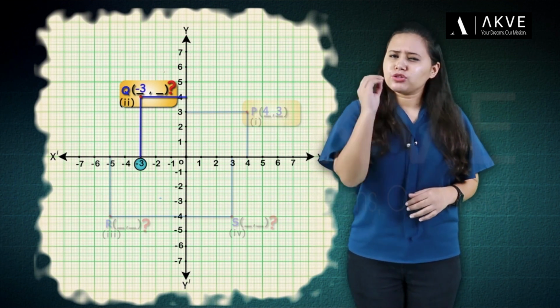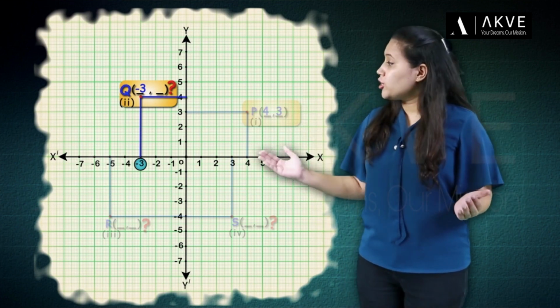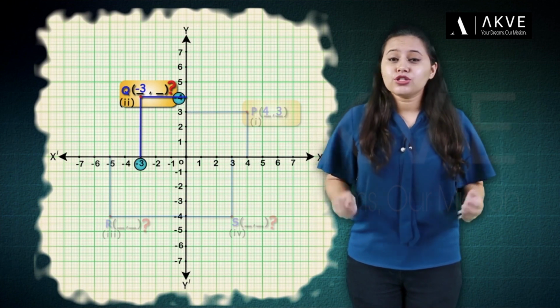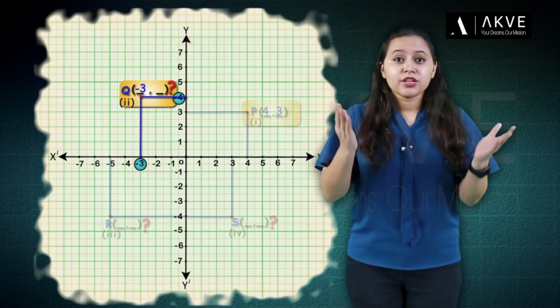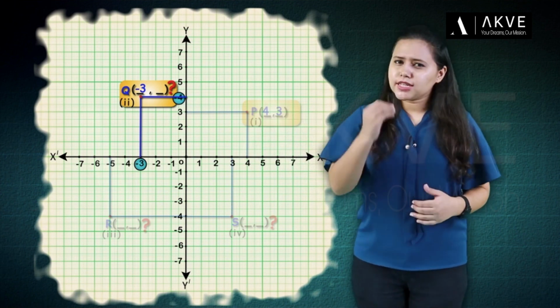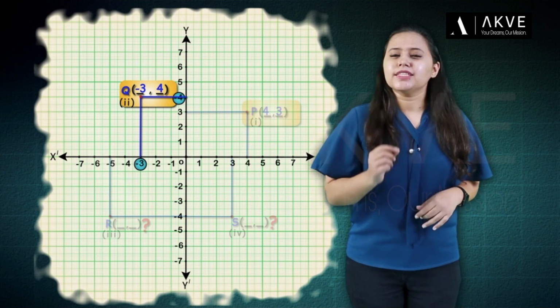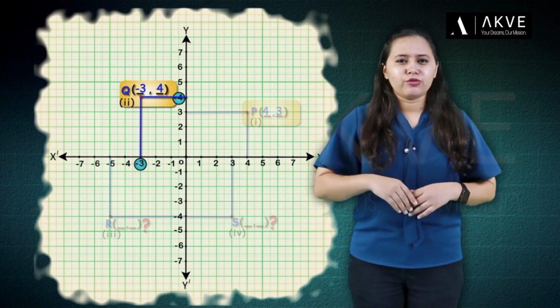Always remember to check the direction of the axis. Further, point Q is 4 units away from the x-axis. Also, it is along the positive direction of the y-axis. So, the y-coordinate is taken to be positive, that is +4. Hence, the coordinates of point Q are -3 and 4.